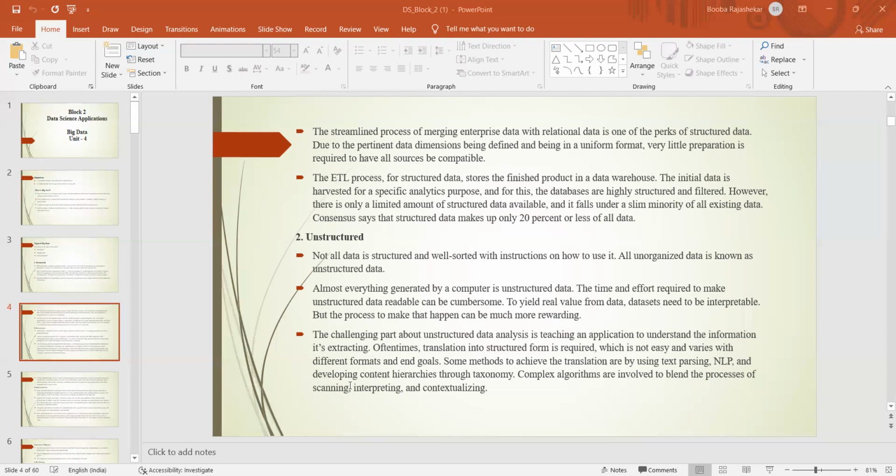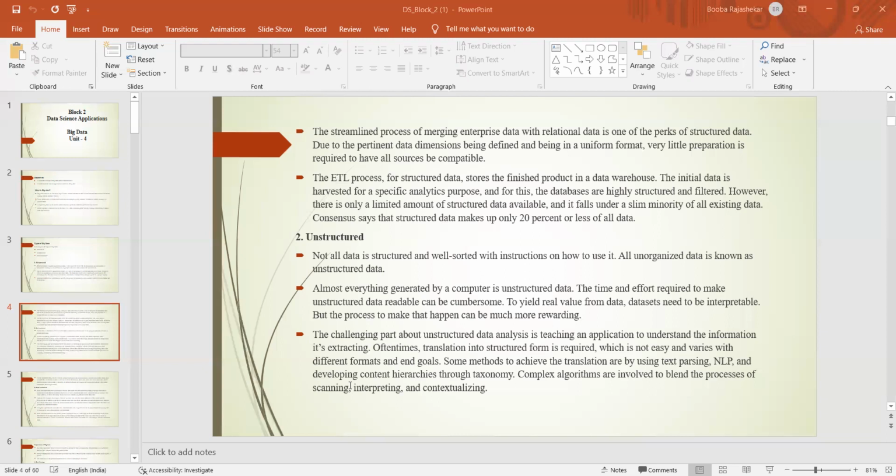The challenging part about unstructured data analysis is teaching an application to understand the information it is extracting. A translation into structured form is required, which is not easy and varies with the different formats and end goals.